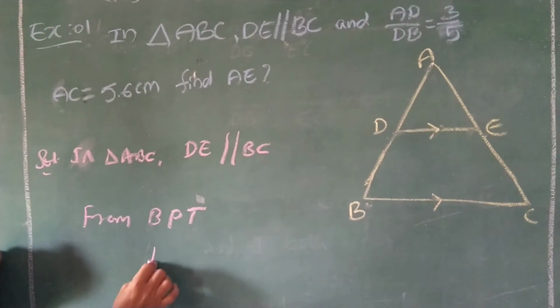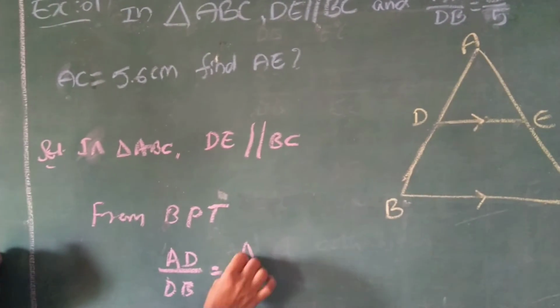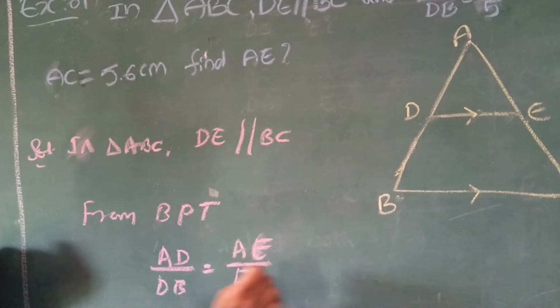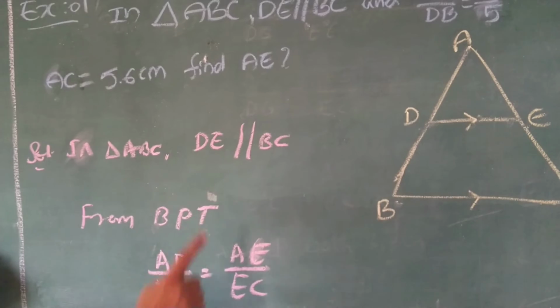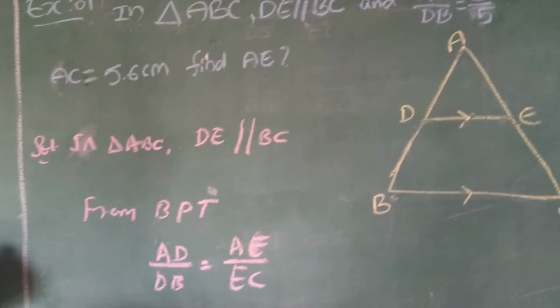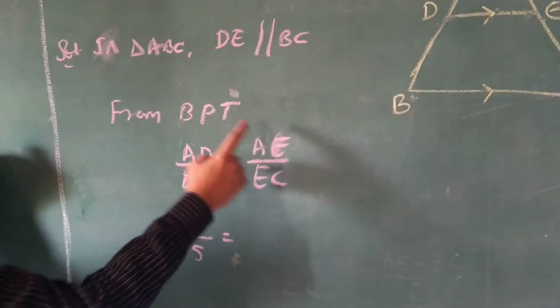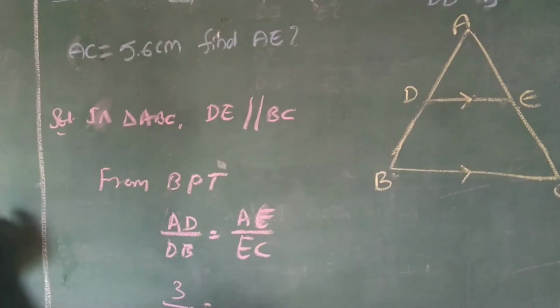AD by DB is equal to AE by EC. We already know Theorem 8.1. AD by DB is already given, that is 3 by 5 in the question. AE is not given, AE you have to find.